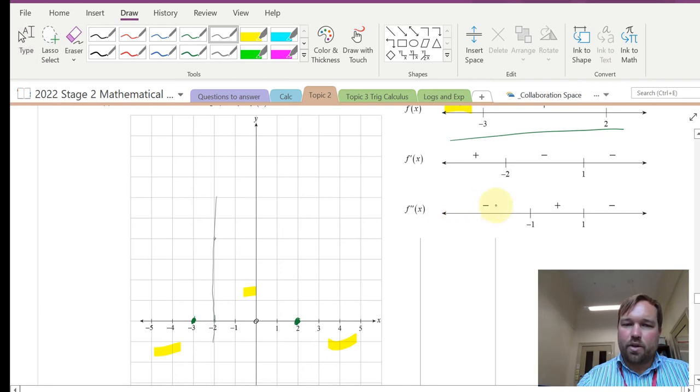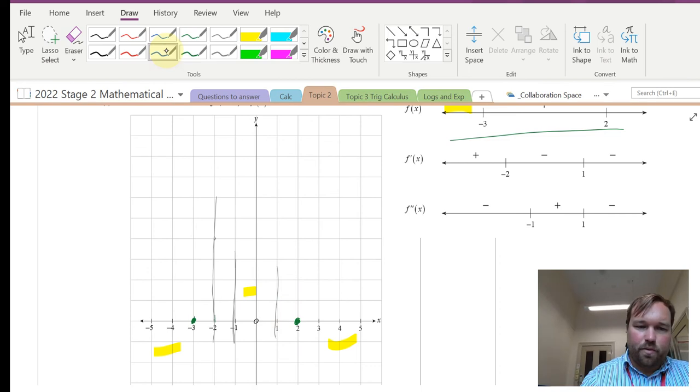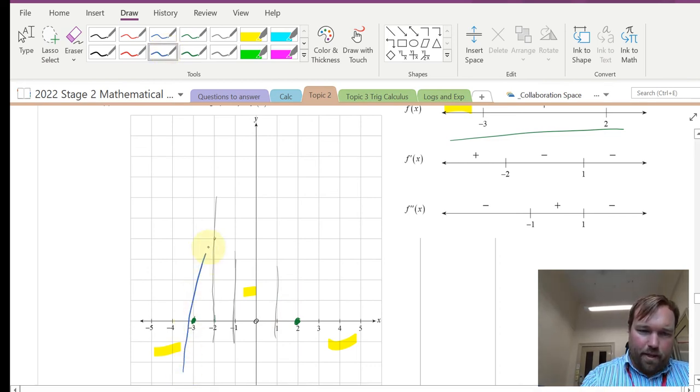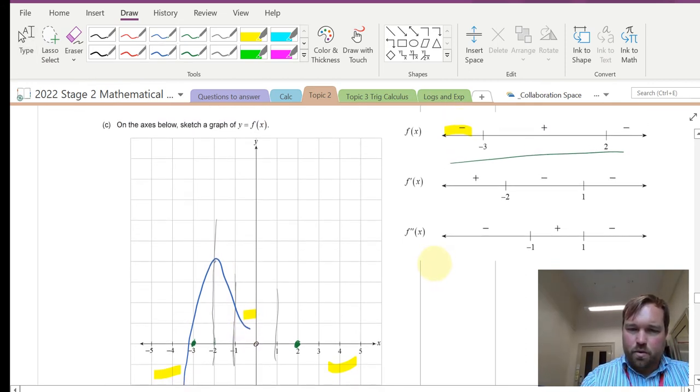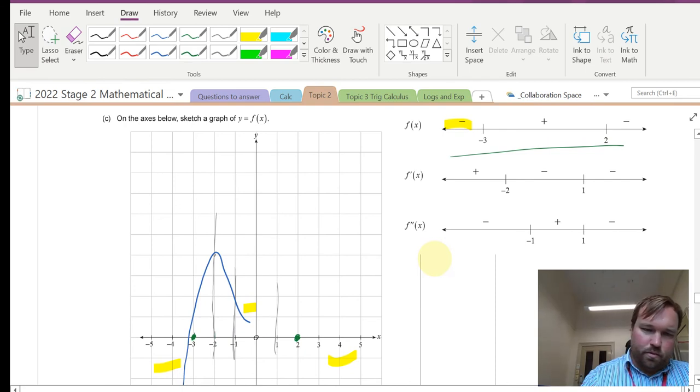We are concave down until minus 1, then positive until 1, and then negative again. So we're up, maxing there. Flattening off and heading down.